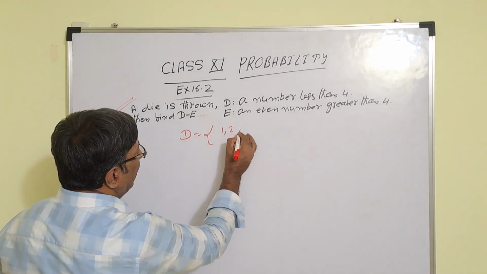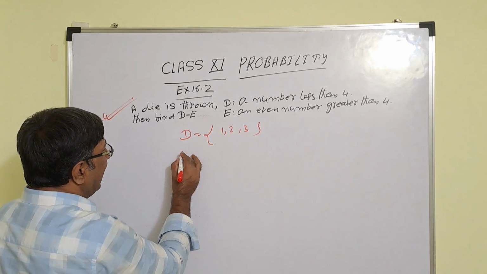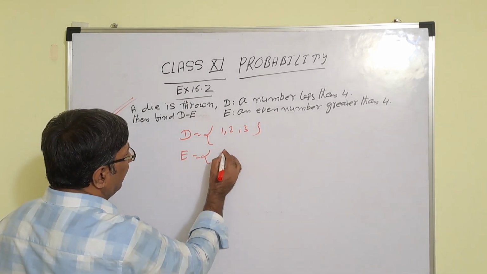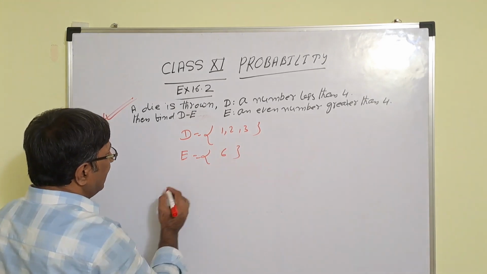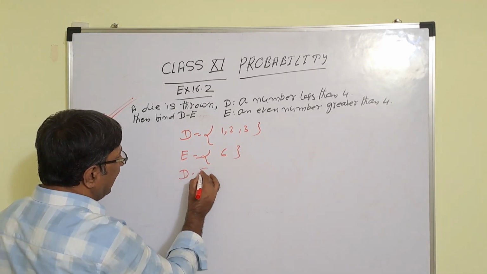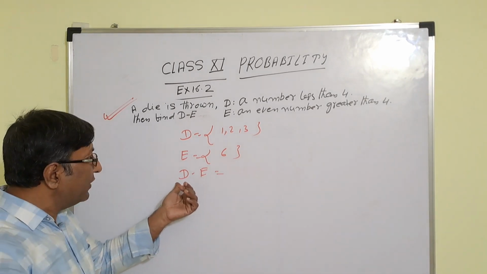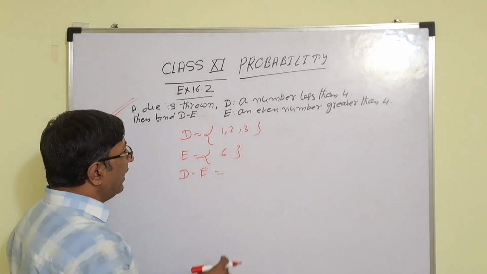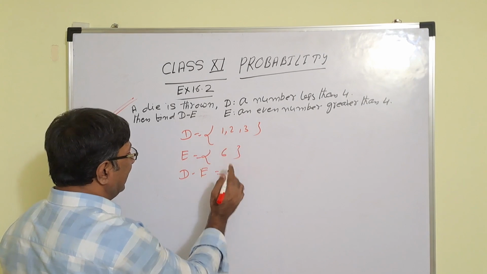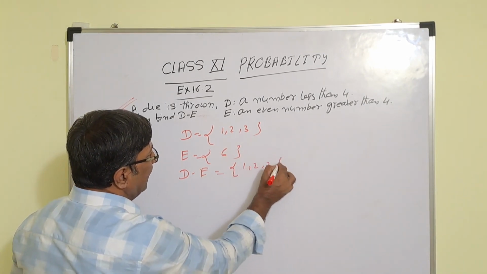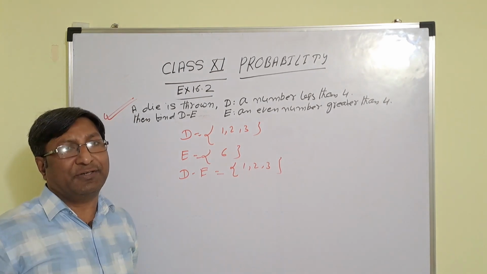So this is 1, 2, 3 only. And E is an event even number greater than 4. So there is only 6. Now we have to find D minus E. It means remove the elements of E from D. There is no element of E present in D. So D minus E is what? That is 1, 2, 3. This is the correct answer.